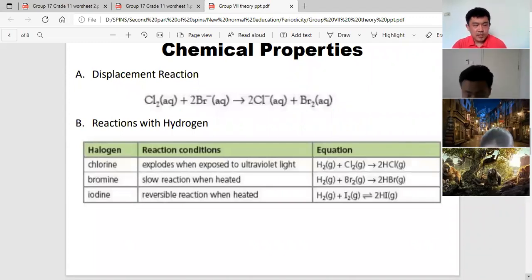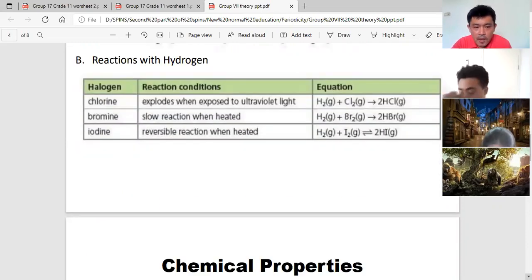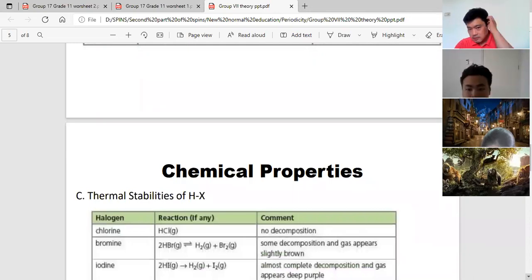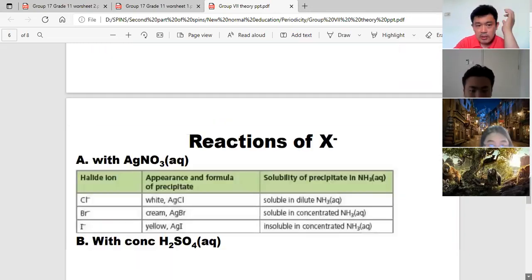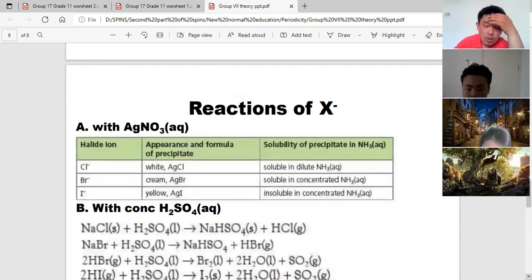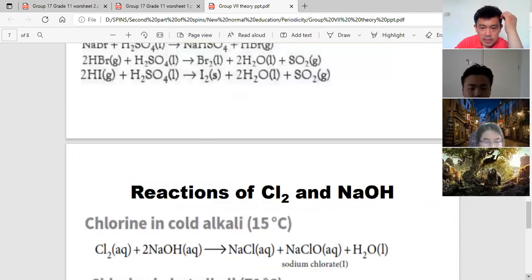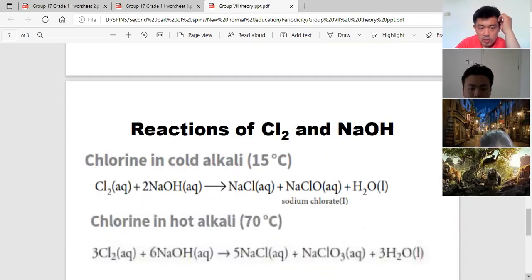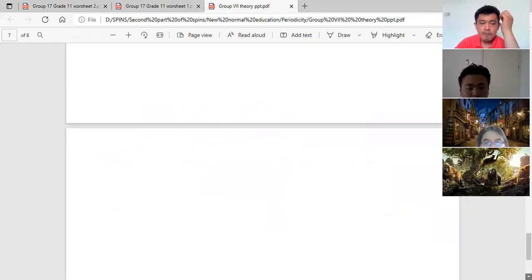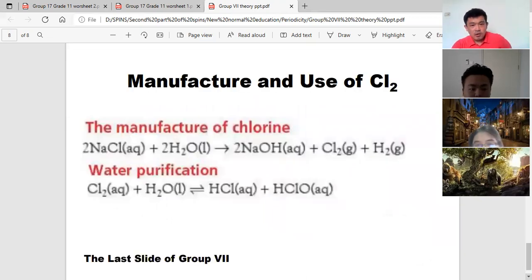Reactions: yesterday I already explained displacement, reaction with hydrogen, and thermal stabilities. Next, reactions with silver nitrate and with concentrated sulfuric acid. Then a specific reaction, chlorine with sodium chloride in cold and in hot alkali. And then the manufacture and use of chlorine.